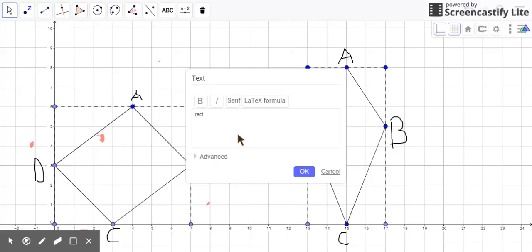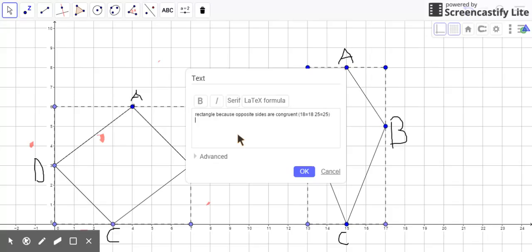It is a rectangle. Opposite sides are congruent. You know that because 18 equals 18 and 25 equals 25.